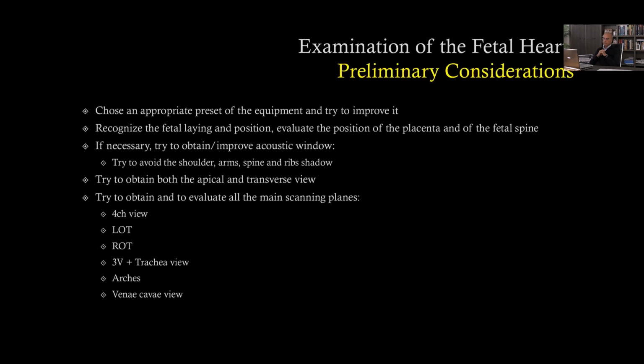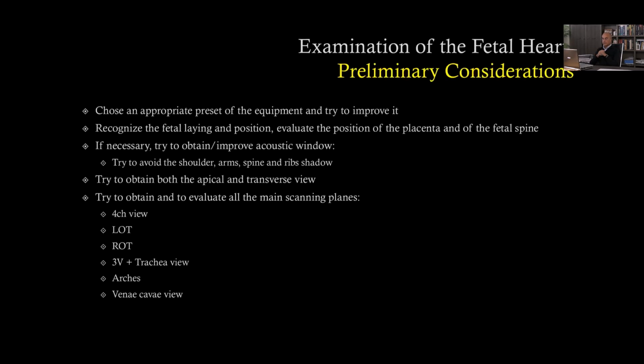We have to recognize the fetal line and position, and evaluate the position of the placenta and of the fetal spine. If necessary, try to obtain or improve the acoustic window, particularly try to avoid the shoulder, arms, spine, and ribs shading. Try to obtain, when possible, both apical and transverse views of the fetal heart.